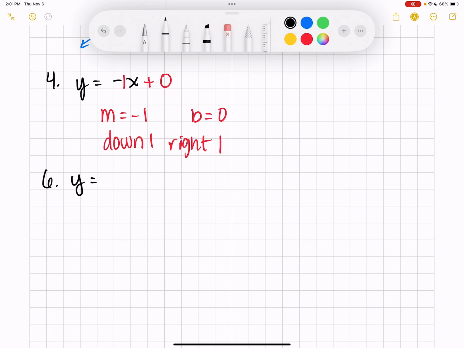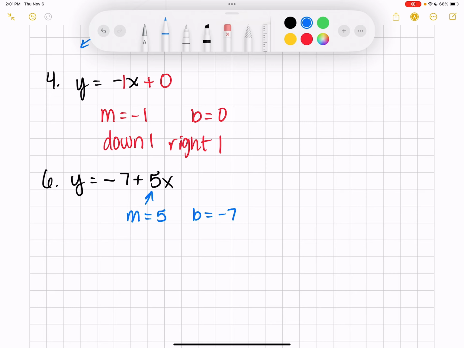Y equals -7 plus 5x. So again, when I'm dealing with slope, it's the number in front of x here. So my slope is 5. My intercept is the number that's by itself, so b equals -7.